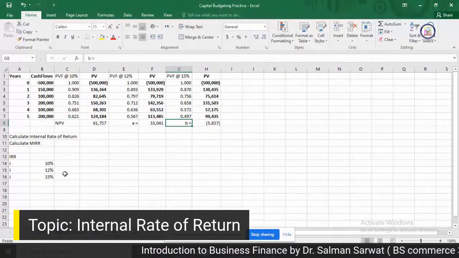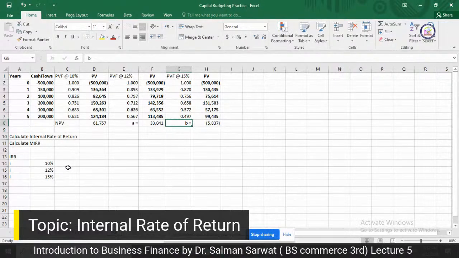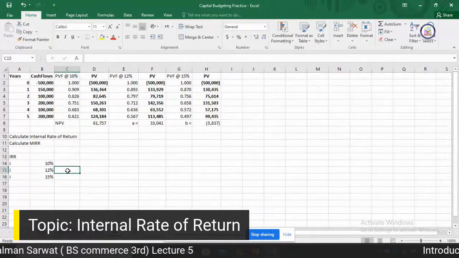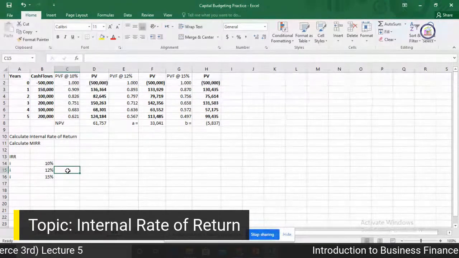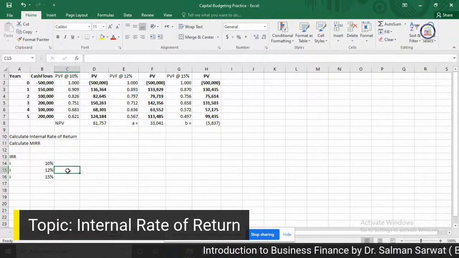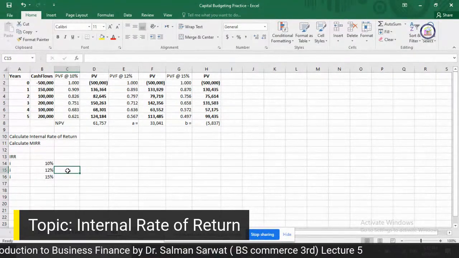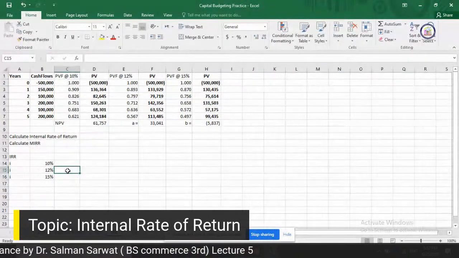And mind you that we will take those rates which are closer to each other. Why? Because there is a non-linear relationship, a curvilinear relationship.